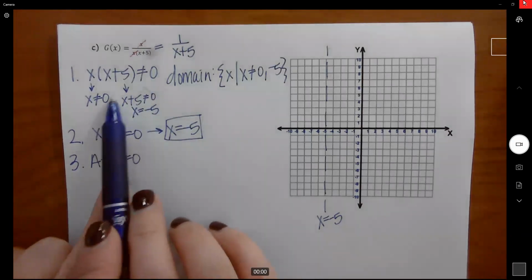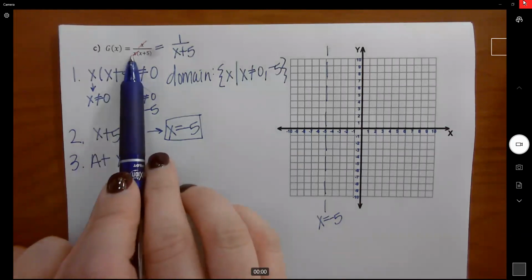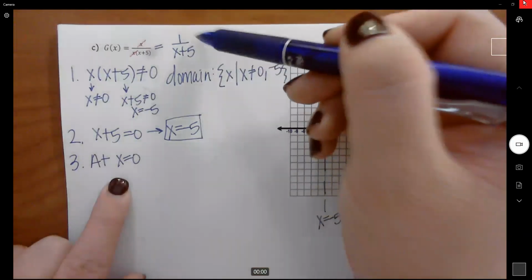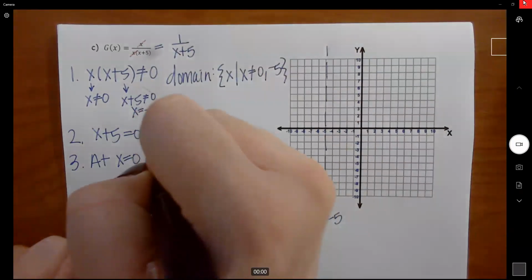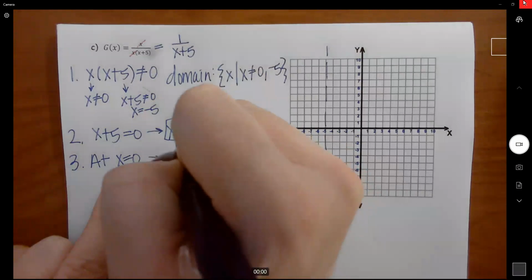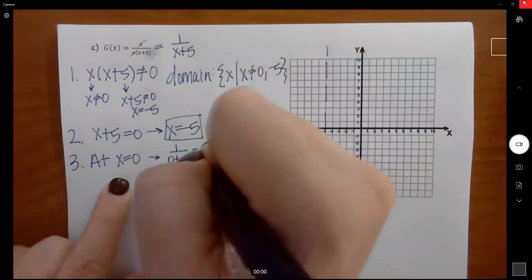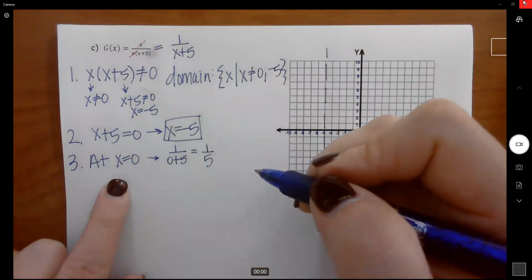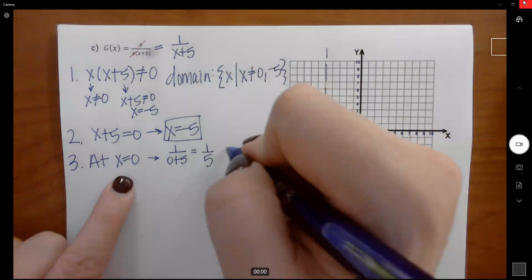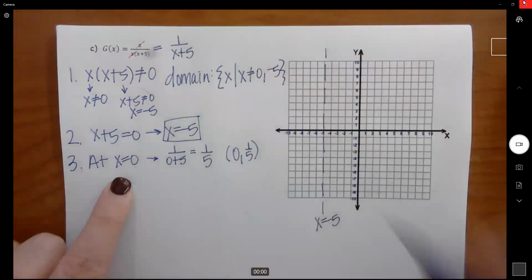That's what we set the denominator equal to. So 0 is going to cancel everything out. So when I plug this in, I have to use my simplified version. And so when I plug that in, I get 1 over 0 plus 5, so I get 1/5. So I have a hole at x equals 0, and at x equals 0, we get the ordered pair 0 and 1/5.